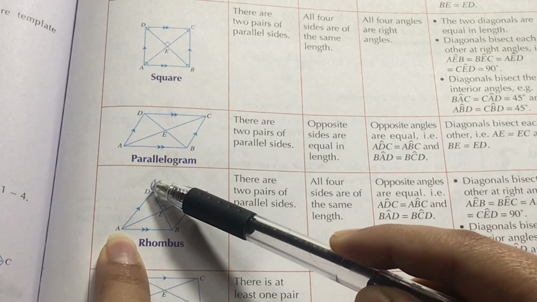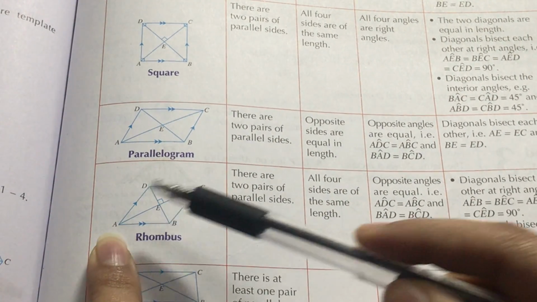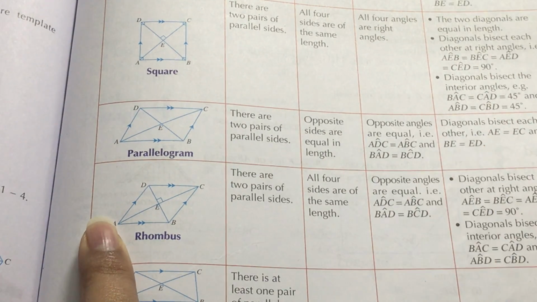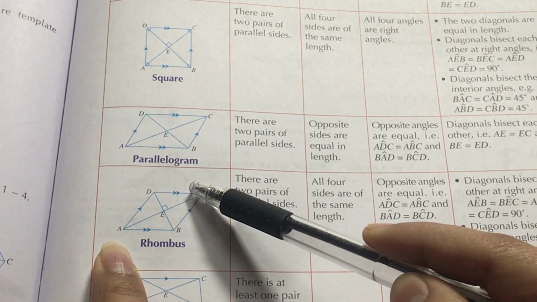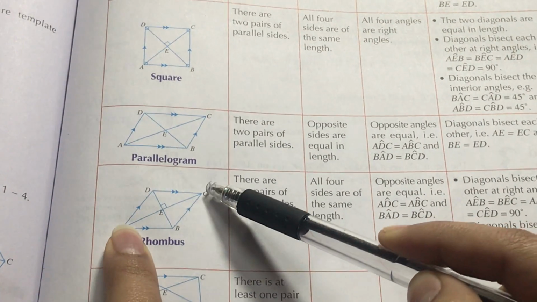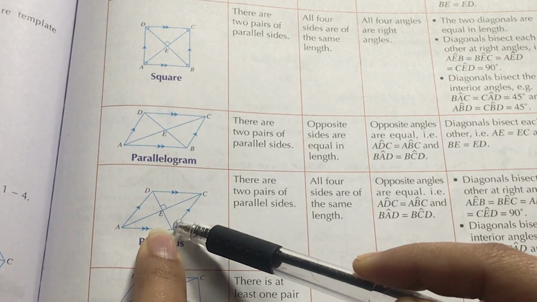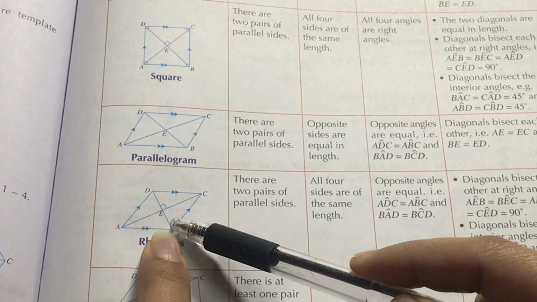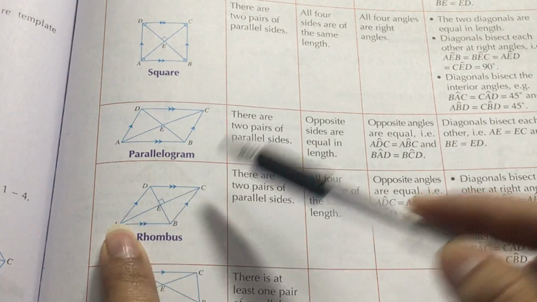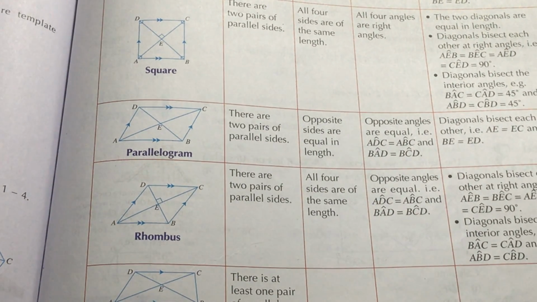B and D are the opposite angles, right? So the angles marked on A and C vertices are equal, and the angles marked on vertices B and D are equal, right?